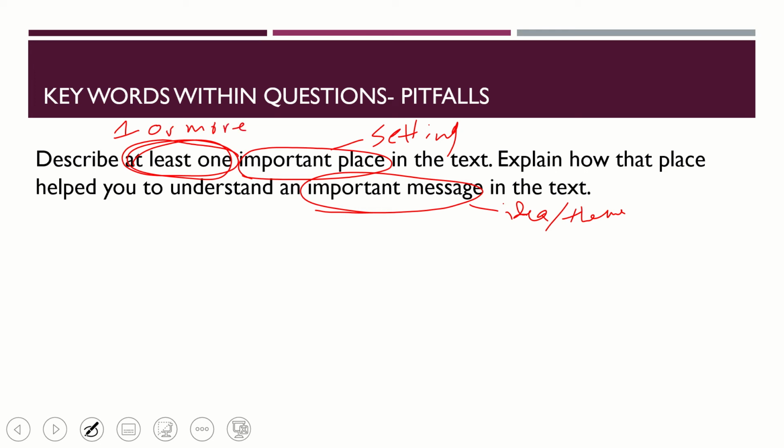So at least one refers to one or more, so that's quite open. But if you look here, explain how that place helped you to understand an important message. That just refers to one. So one or more settings, sure, but only one message.